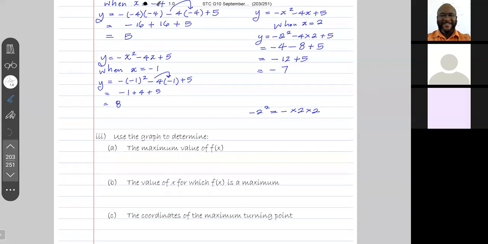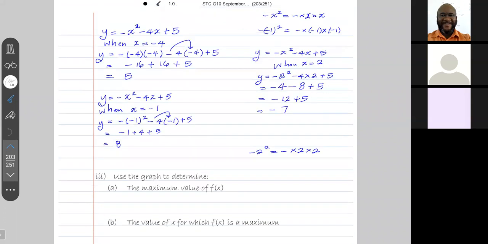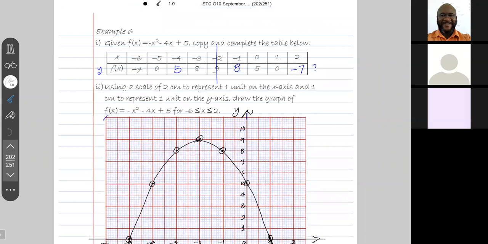We're asked for the maximum value of f of x, the value of x for which f of x is a maximum, and the coordinates of the maximum turning point. So the maximum value of f of x, which is y, is at the highest point on the graph. So f of x max is equal to 9.